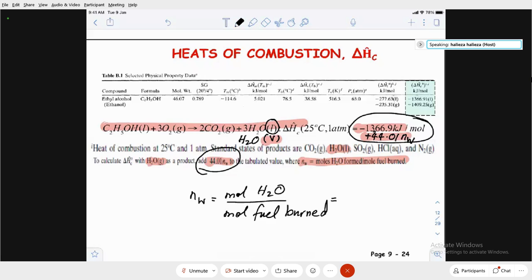The amount of water being formed is 3 moles, and the moles of fuel burned is 1. So n_w is going to be 3. So I will get the sum of this whole thing, which is that my delta H, my heat of reaction, is equal to minus 1366.9.